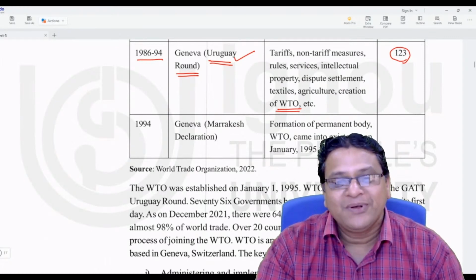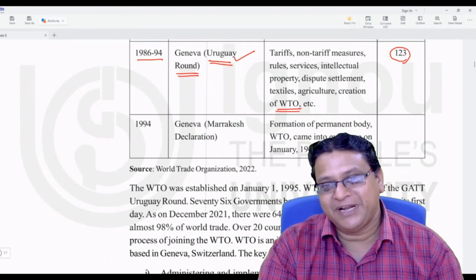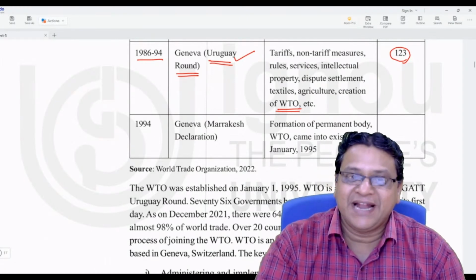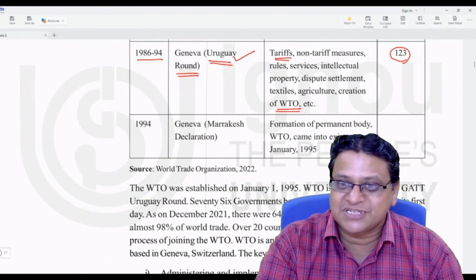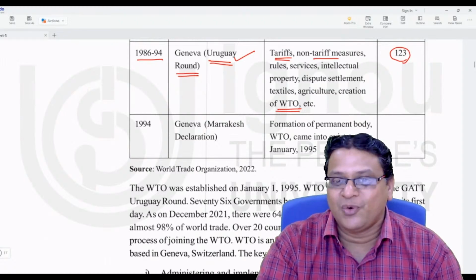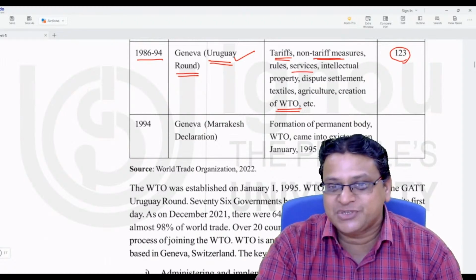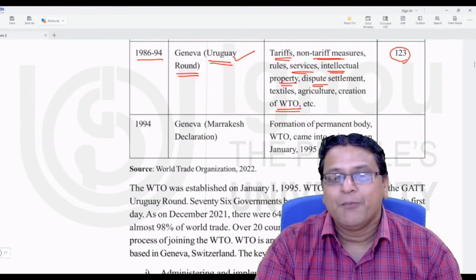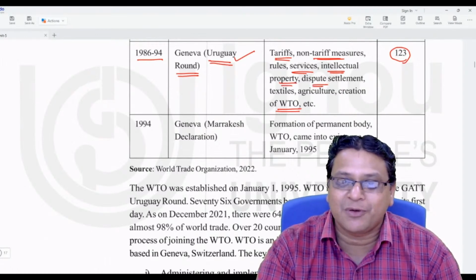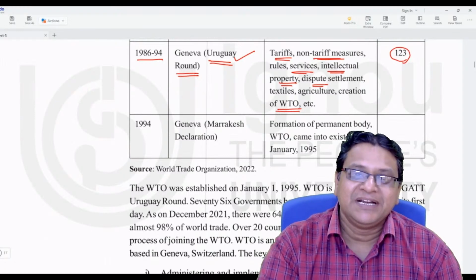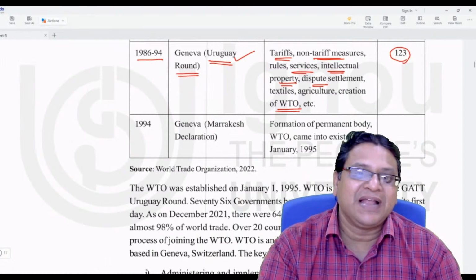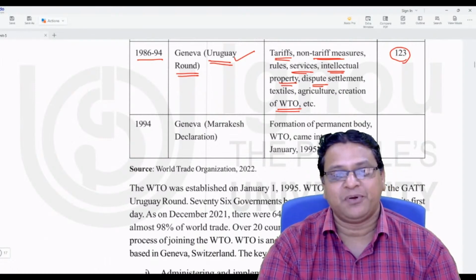Instead of ITO, they have agreed to form a permanent institution which will be termed as WTO. And in that agreement, they have discussed tariff barriers, non-tariff barriers, services rules, intellectual property related rules, dispute settlement. Major round of discussion of WTO was made during the Uruguay round of GATT discussion during 1986 to 1994.